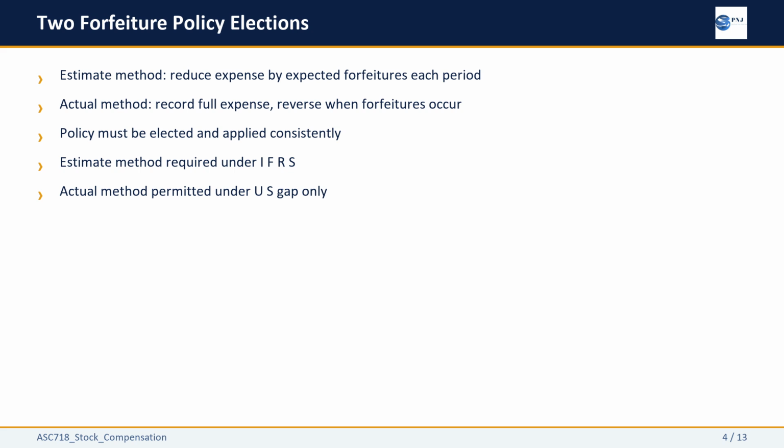That estimate is revised every reporting period, and a cumulative catch-up adjustment is recorded when the estimate changes. Under the actual method, a company records 100% of compensation expense as though all awards will vest, and only reverses expense when a forfeiture actually occurs. The estimate method is required under IFRS, while the actual method is only permitted under US GAAP.